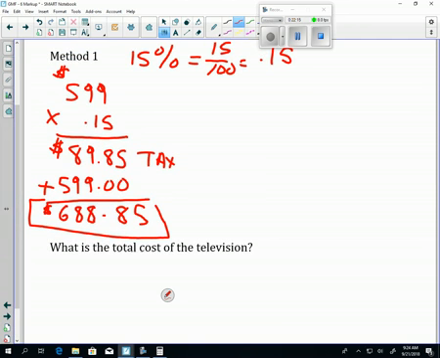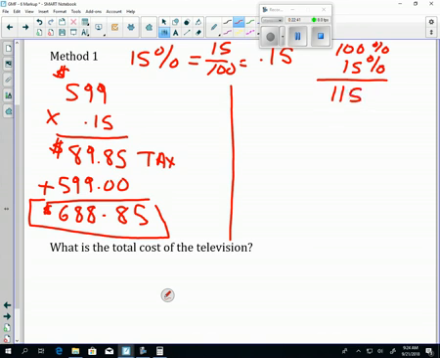You can do it in one step. If you know that you have to pay a tax of 15%, the original television cost 100%. So together, you're going to have to pay 115%. The 100 plus the 15. Well, if you change that to a decimal, remember it's always over 100, it's going to be 1.15.